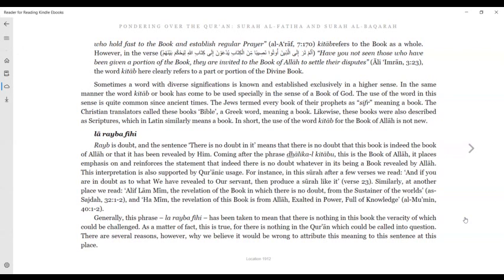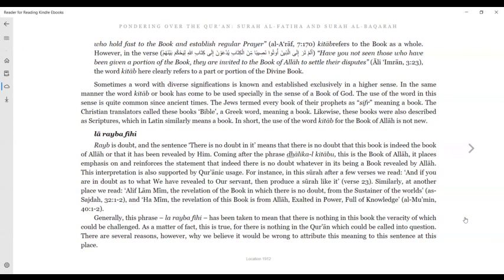This interpretation is also supported by Quranic usage. For instance, in this surah, after a few verses we read, if you are in doubt as to what we have revealed to our servant, then produce a surah like it, verse 23.